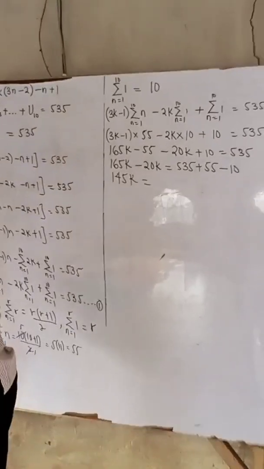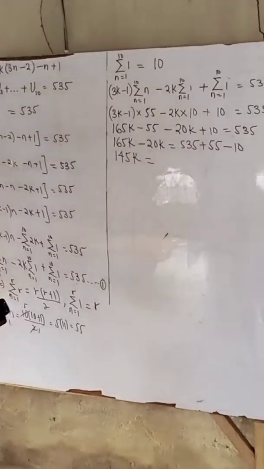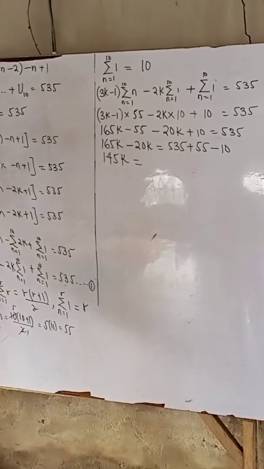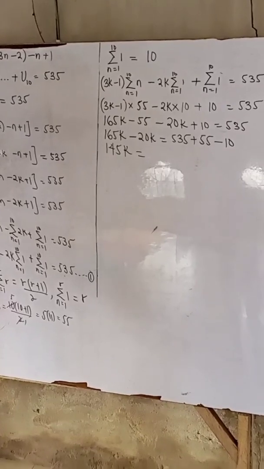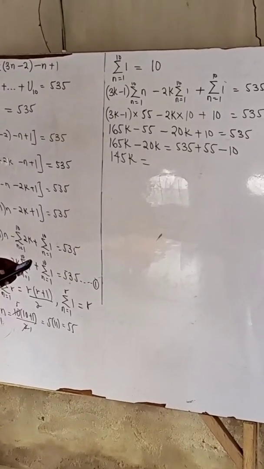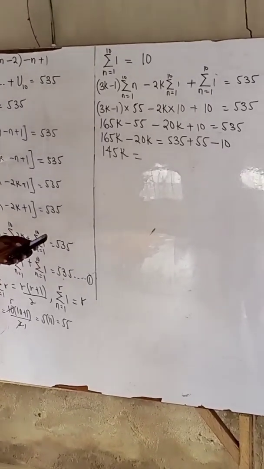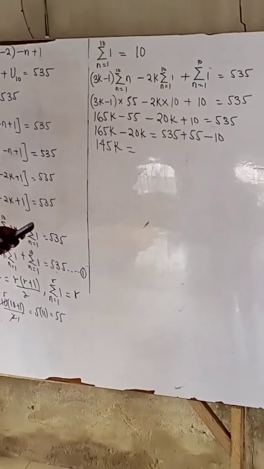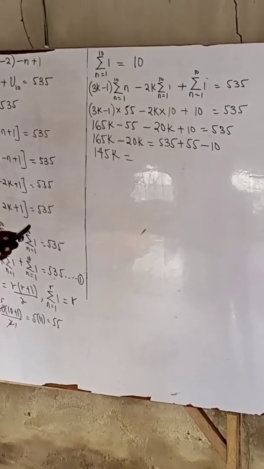535 minus 55. That will give me 480. 480 minus 10. That will give me 470. And that's it. So let's use calculator for that. 535 plus 55.